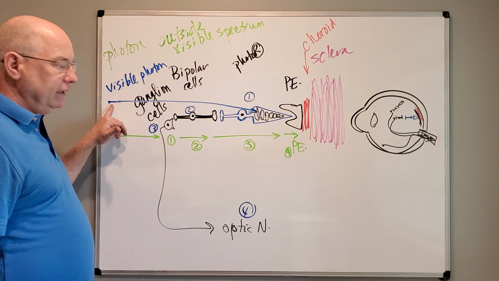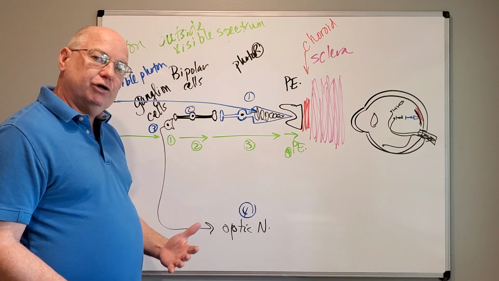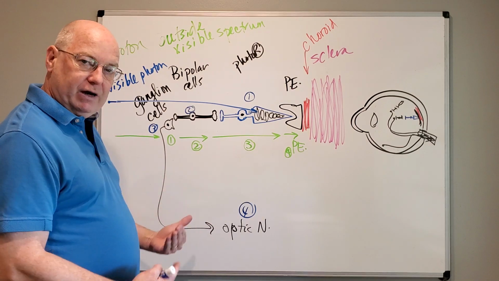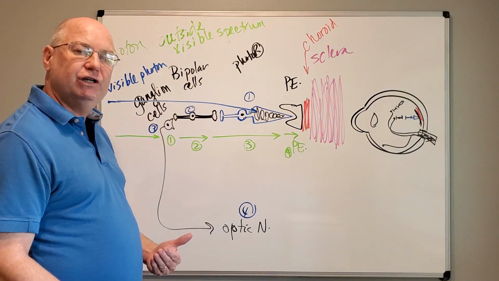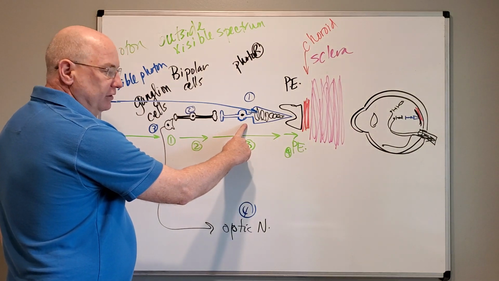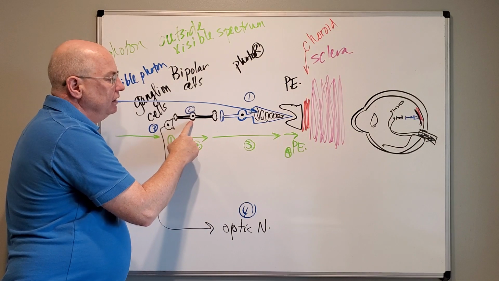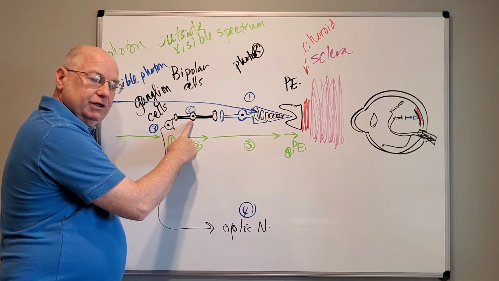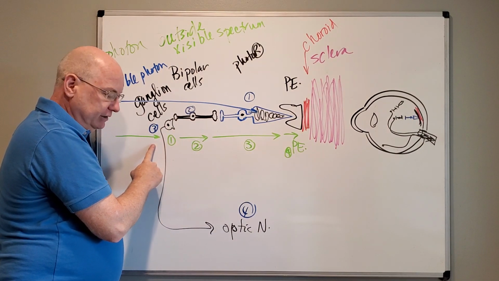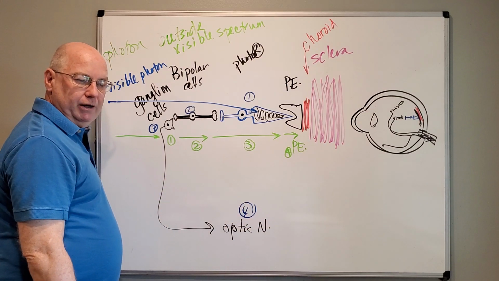If a photon of light lies within the visible spectrum, what would be the order of structures that fire action potentials or fire a signal telling our brain we're seeing? First, the photoreceptor fires, or actually it stops releasing neurotransmitter, but it fires. The second cell is the bipolar cell, then the ganglion cell is triggered, and then we send an action potential out the optic nerve to our brain.